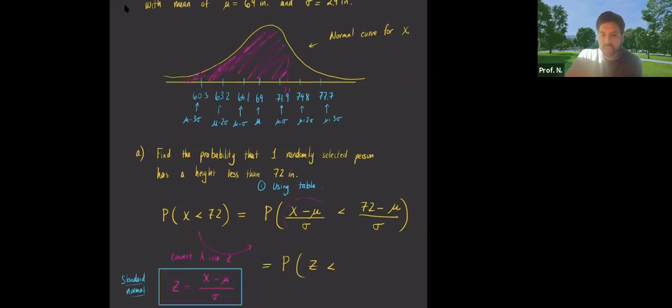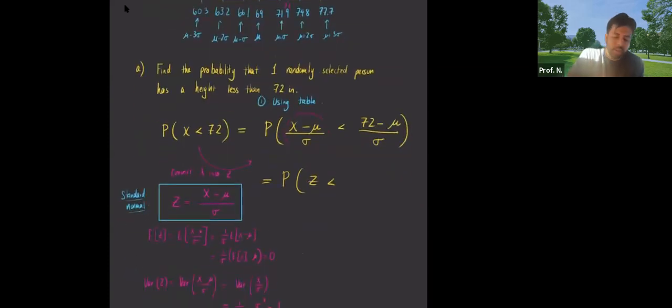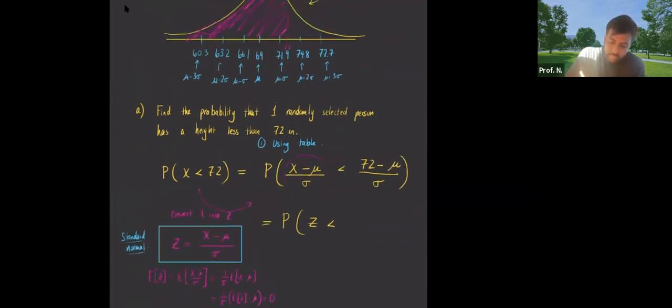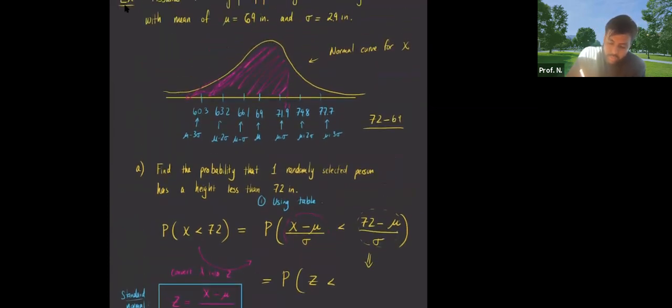This problem that I originally have is reformulated to find a probability that my z value, for my standard normal random variable, is less than what? So what is 72 going to be equal to? Well, it's 72 minus mu. What is mu? 69. And my standard deviation is 2.9.